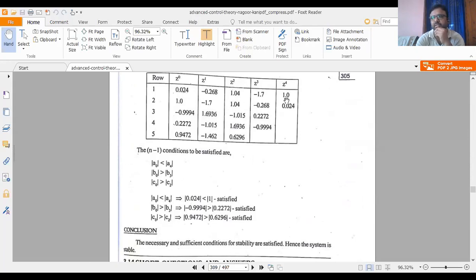It is satisfied. The second condition is the modulus of b0 should be more than b3, that means 0.994 is more than 0.2272. It is also satisfied. And c0 value is 0.9274, which is also greater than c2, that is 0.6296. So all the 5 conditions are satisfied.